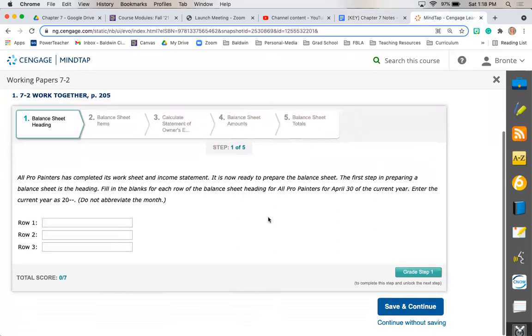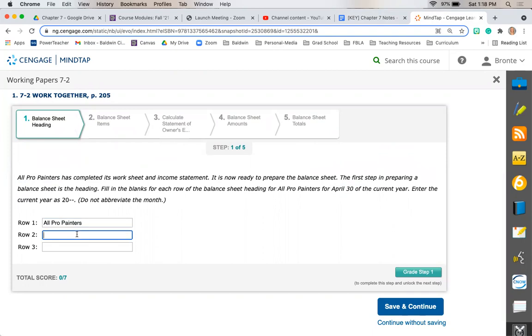So 7-2 Work Together. We are completing the heading of the balance sheet. Our company is All Pro Painters, and it is April 30th. The first row is always the name of the company, All Pro Painters. I said that backwards. Sorry.